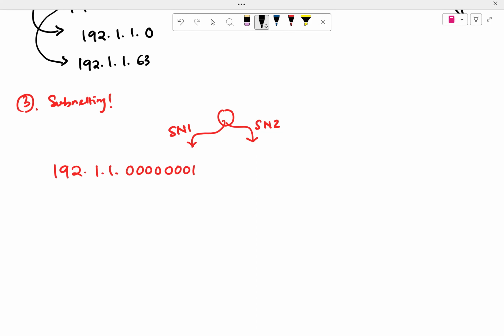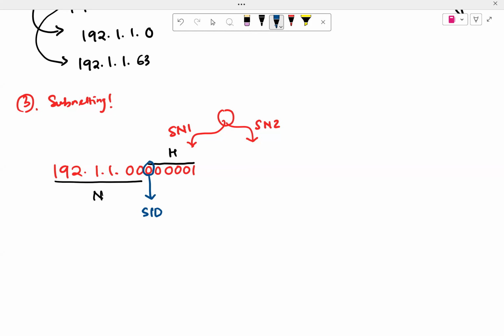This part is my network, I cannot touch this, and the rest is my host. Since the number of hosts will now be reduced, I have to assign some bits to the subnet ID. I'll assign the lowest network bit as the subnet ID.